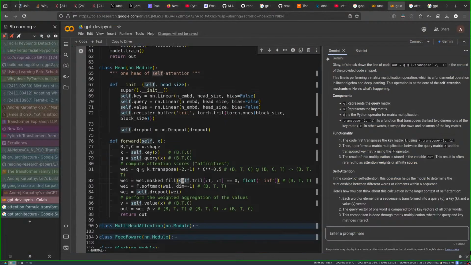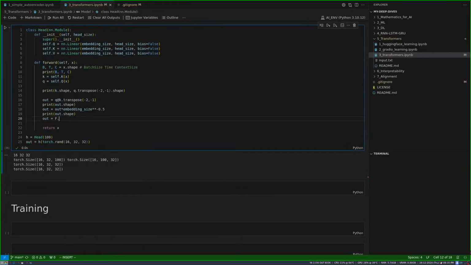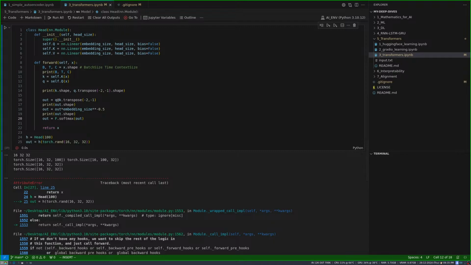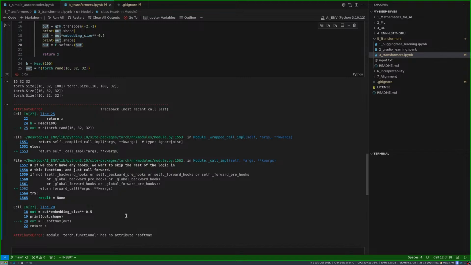Out equals f dot softmax out. Class doesn't have an attribute softmax.